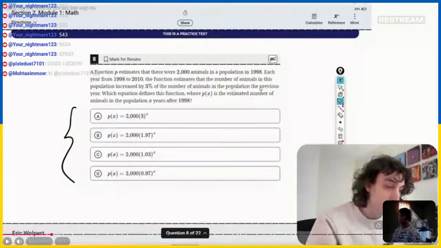Whenever something is increased, it's 103%. Which equation defines the function where p estimates the number of animals? So it's C. Immediately C.